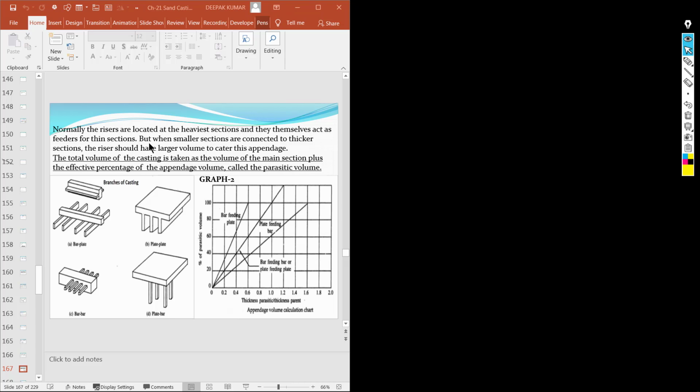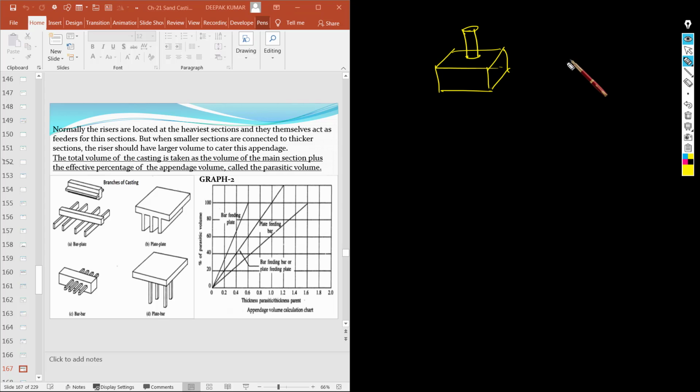This is talking about the location of the riser. We have already discussed where the riser is located. I told that when the shape is uniform, like this kind of casting, you put the riser in the middle center.